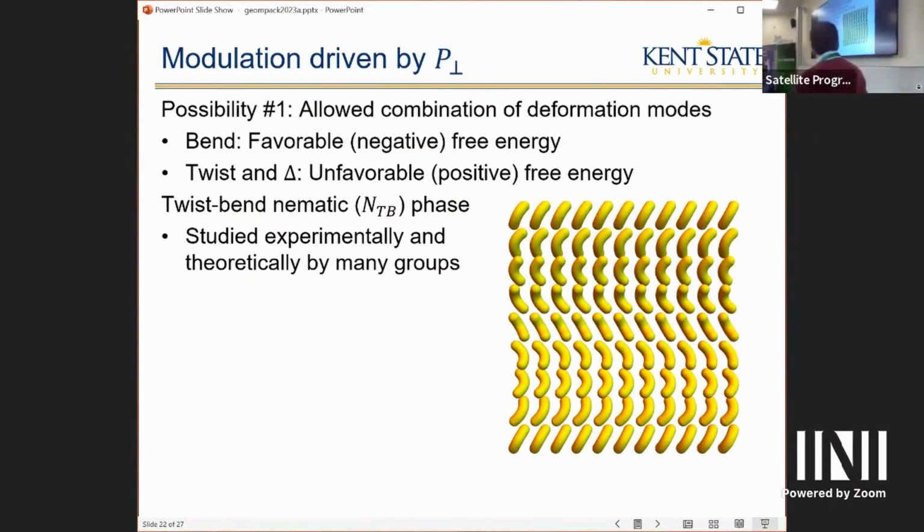That has a combination of bend and twist and delta, okay? So the bend is energetically favorable. The twist and delta come along for the ride so that the liquid crystal can achieve the bend.